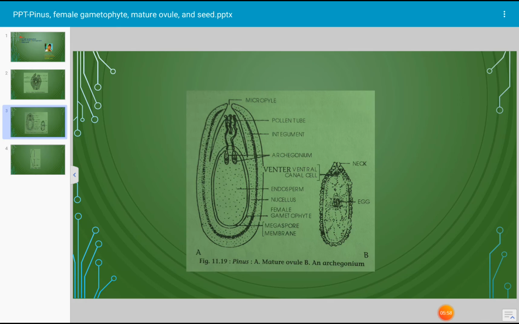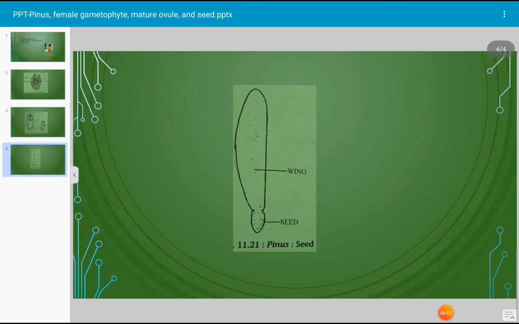And let us see the seed of the Pinus. Let us see all the details of seed of the Pinus. Development of seed occurs during the third year. The outer fleshy layer of the integument disintegrates. The middle hard and stony layer contributes towards the formation of outer seed coat, the testa.